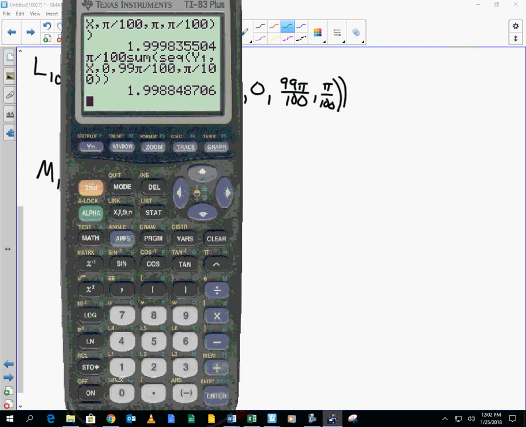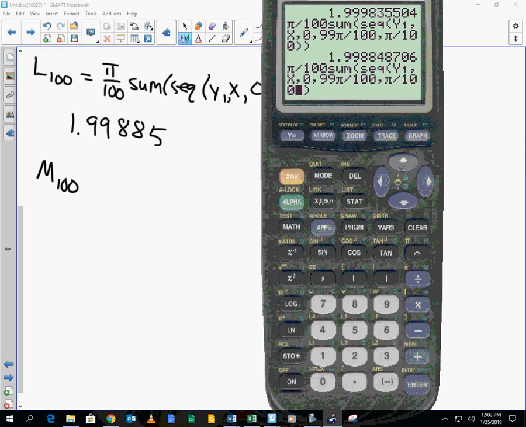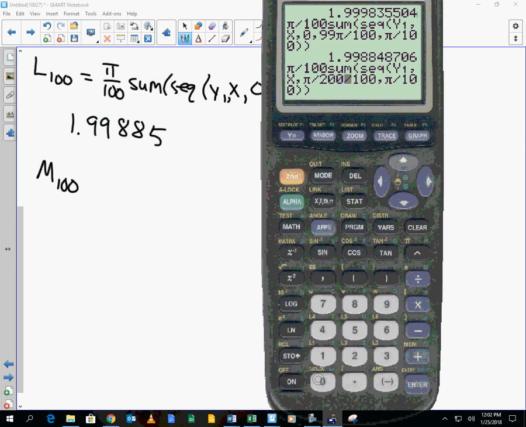Okay. All right, so let's make this quick. I just go into here, and I do second entry, and I just change it. Instead of 0, I've got pi divided by 200, comma, 199 pi divided by 200, comma, pi divided by 2, or what's my width?